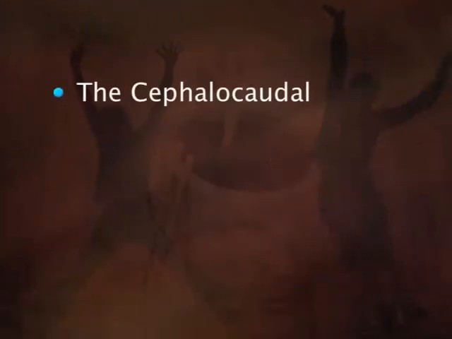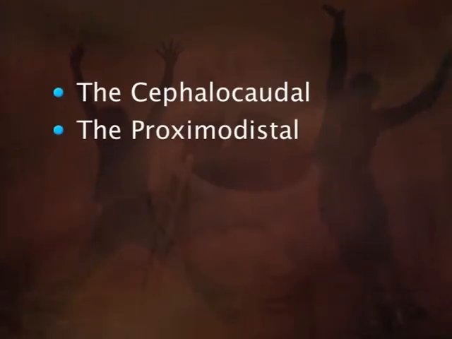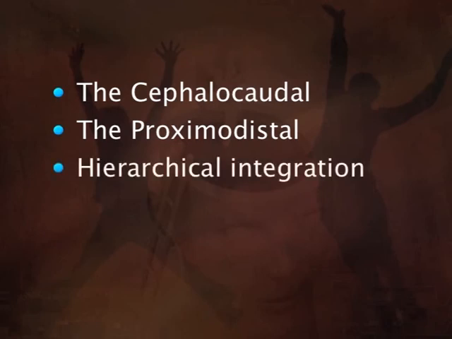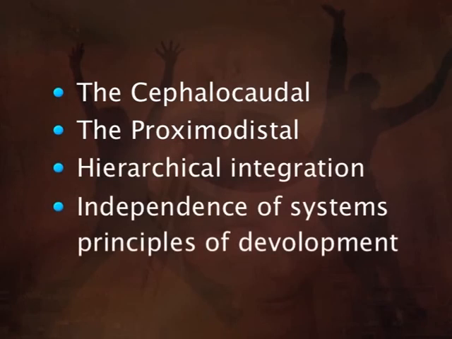Now, physical growth can also be seen in the dimensions of body proportions, height and weight. We first look at the changes in body proportions. Physical growth follows the cephalocaudal, proximodistal, hierarchical integration and independence of systems principles of development.